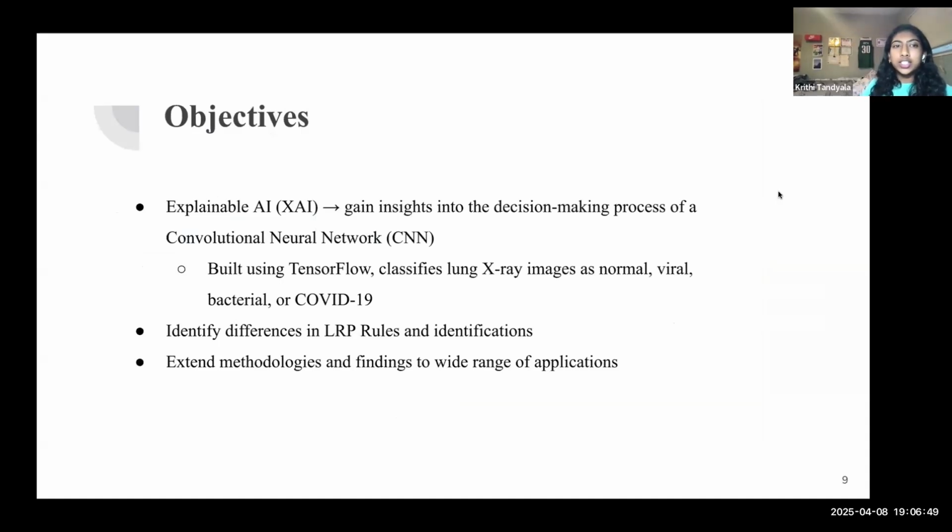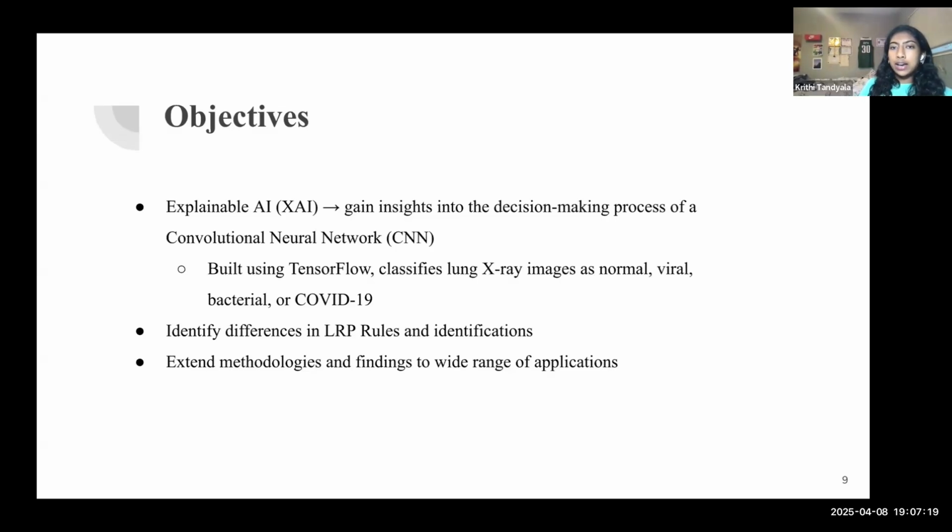So the objective of our research, the goal, was to use explainable AI in order to understand a little bit more about why the AI model is making the decision that it is. So overall, to gain insight into the decision-making process of the CNN. And we built the CNN using TensorFlow, and it classifies different lung X-ray images into either normal, viral, bacterial, or COVID-19.